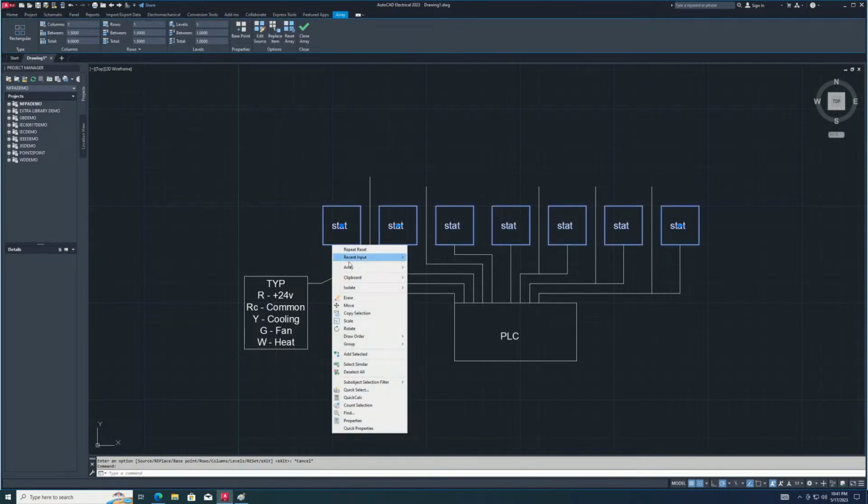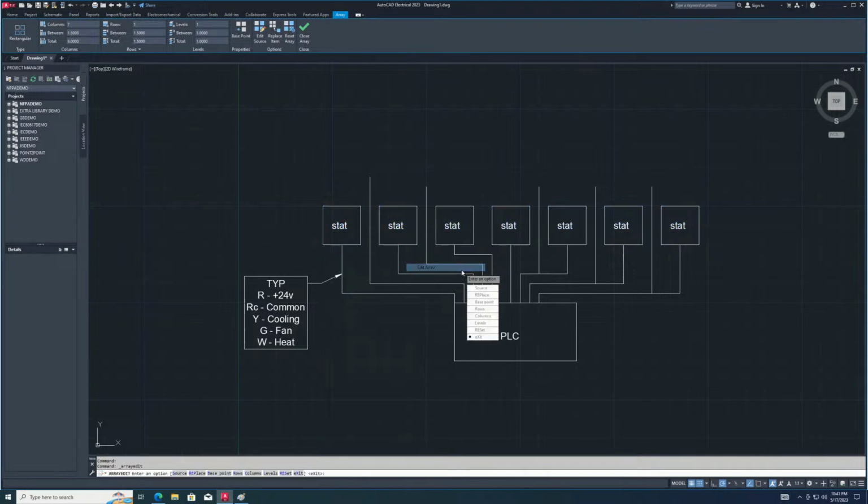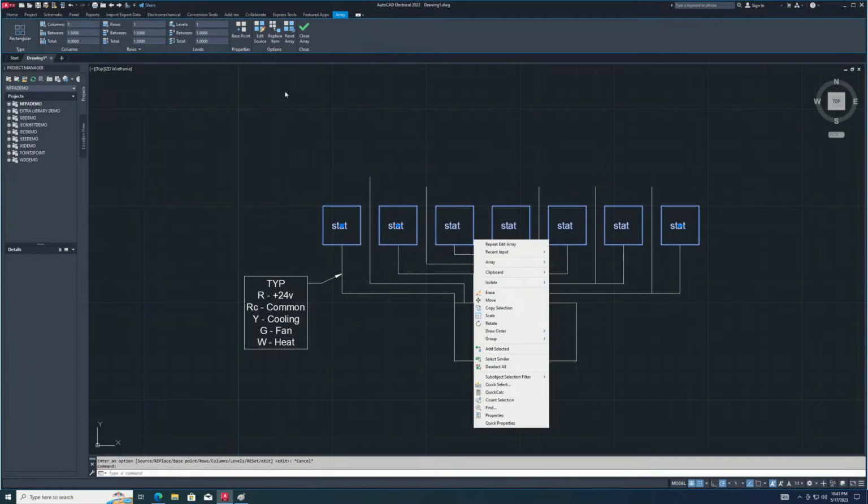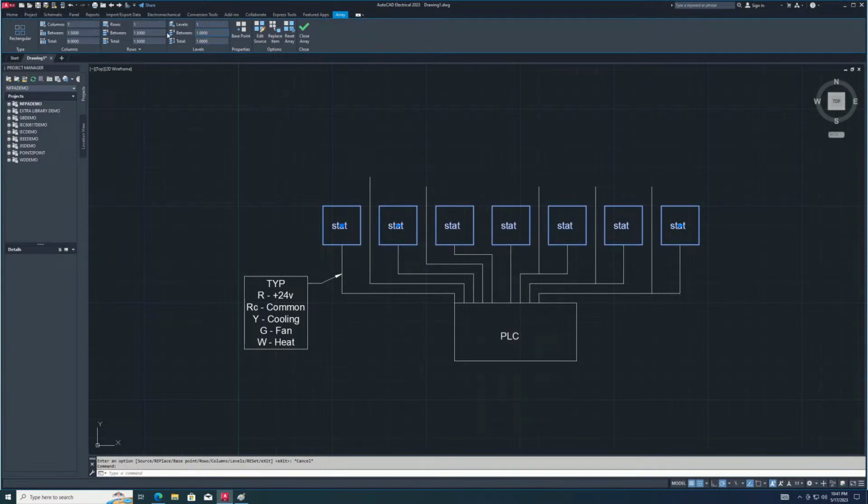Array. Edit array. Source, replace, base point, row, columns, reset. Yeah, reset. Oh, there's options up top. Duh. Oh, let's go with like 3.